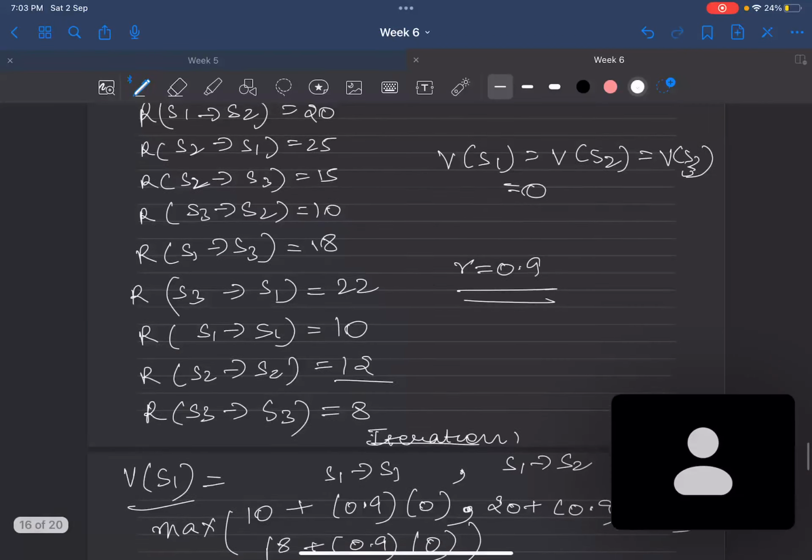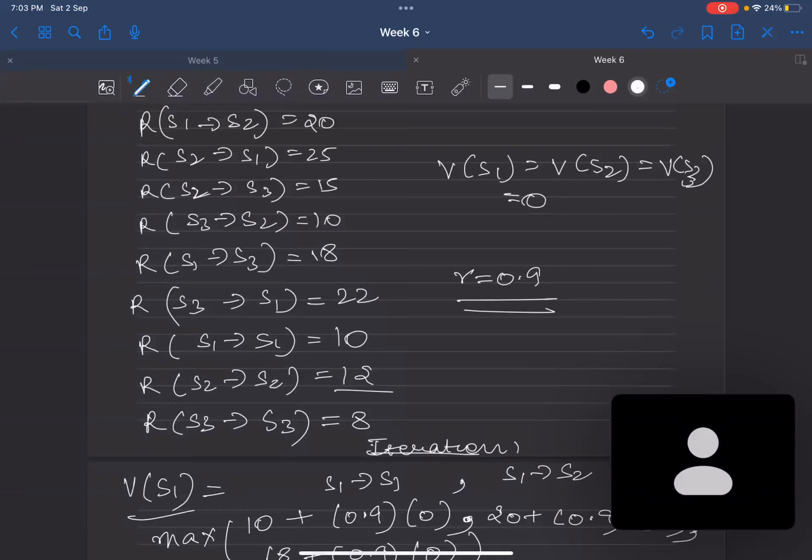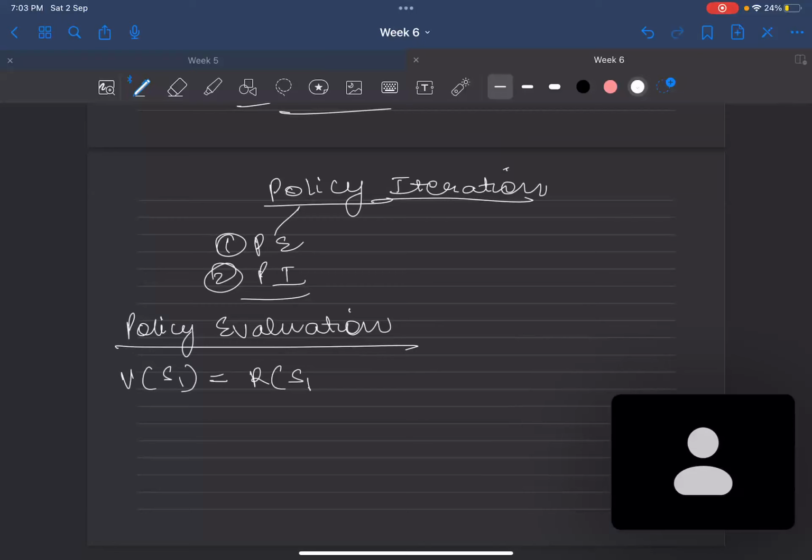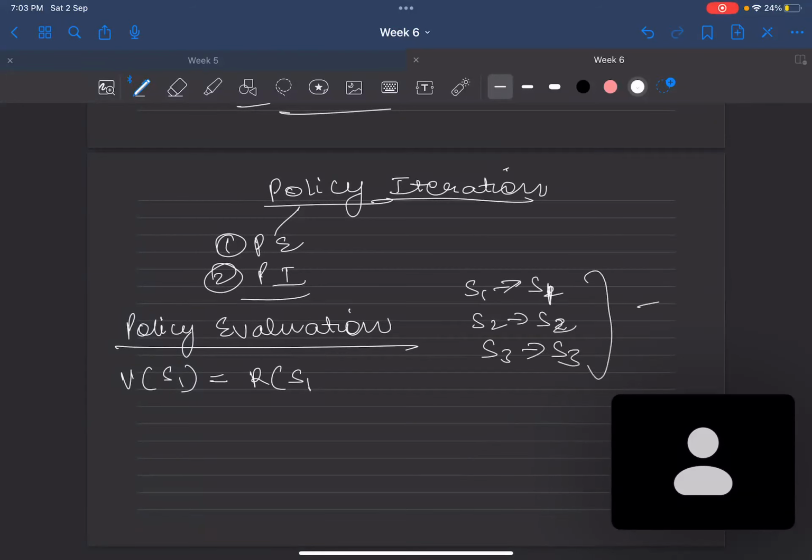We require a uniform policy, or whatever we decide. Let's take any uniform policy: S1 will go to S1, S2 will go to S2, and S3 will go to S3. Any arbitrary pi. This is what we have picked.